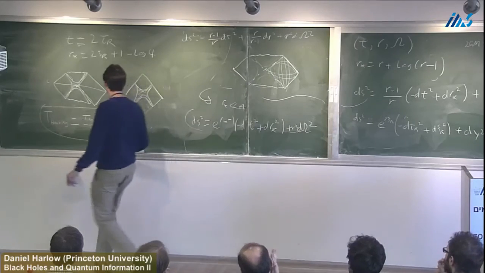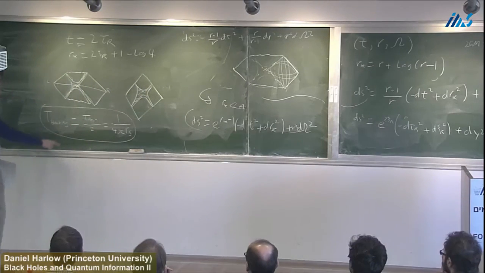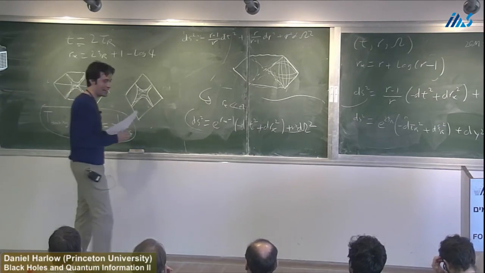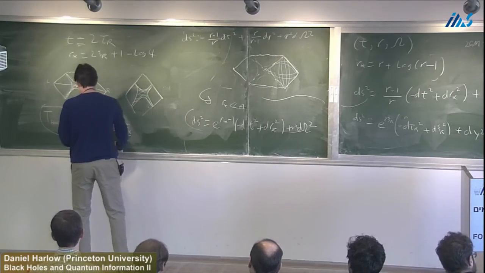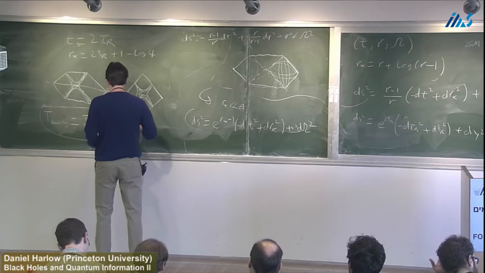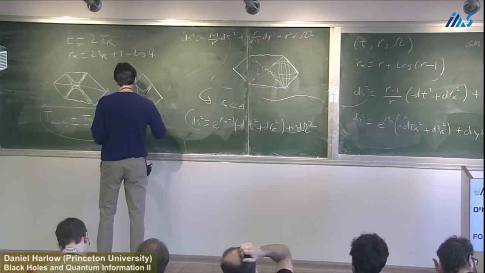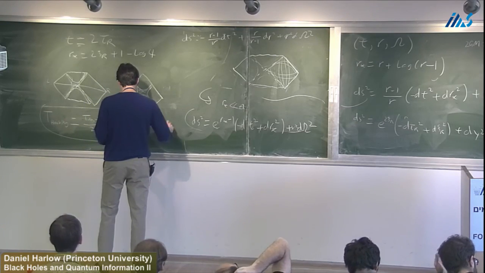Maybe I'll close by putting the units back in here, so that I can feel like a real physicist. If we put everything back, then we get Hawking's famous formula.